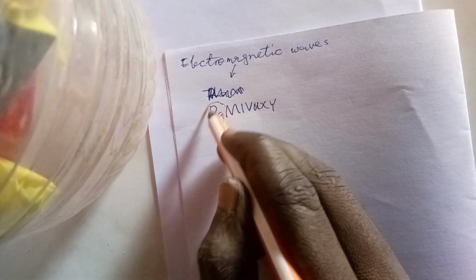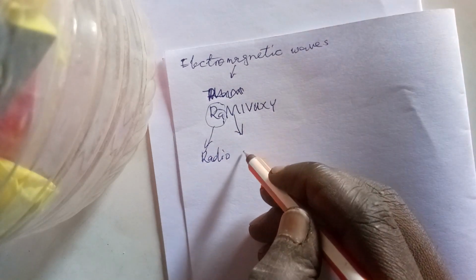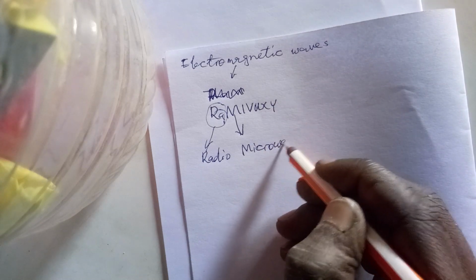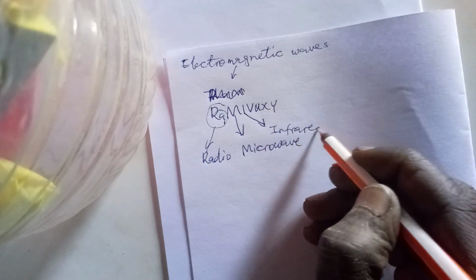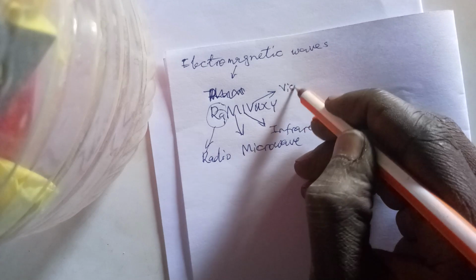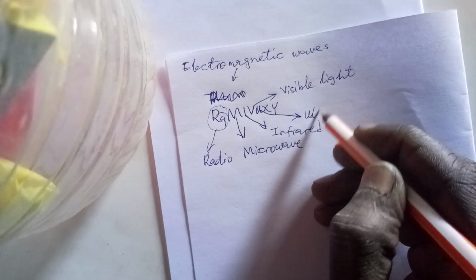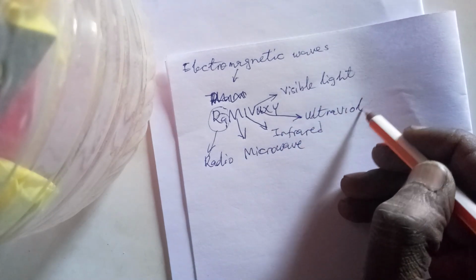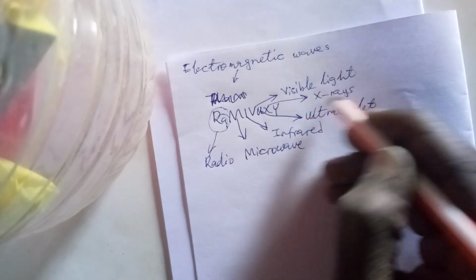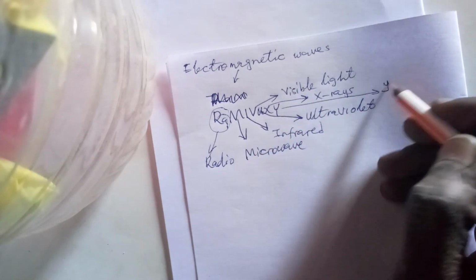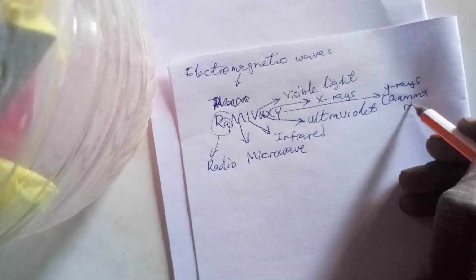Where R gives us radio waves, M gives us microwaves, I gives us infrared, V gives us visible light, U gives us ultraviolet, X gives us X-rays, and G gives us gamma rays.